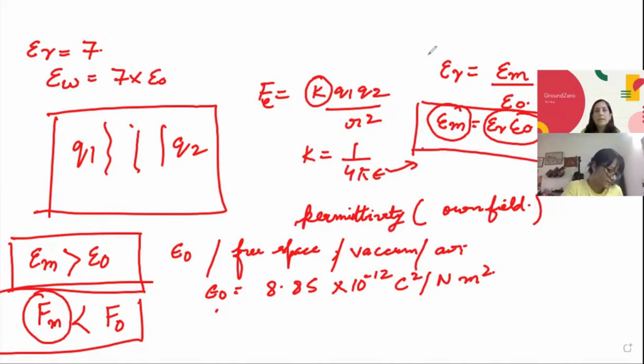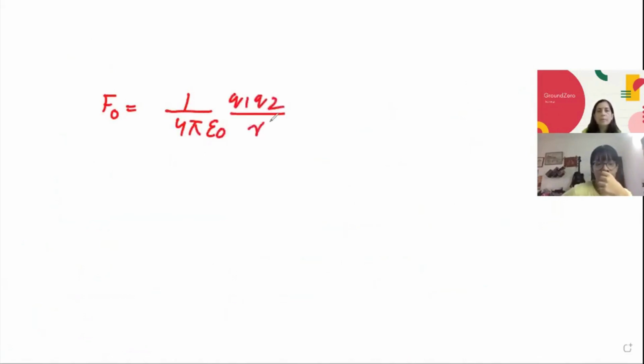Another thing is that we know the force in a vacuum or free space is given by 1 upon 4 pi epsilon naught, Q1 Q2 upon r square. This is the force in free space, or you can say in vacuum.